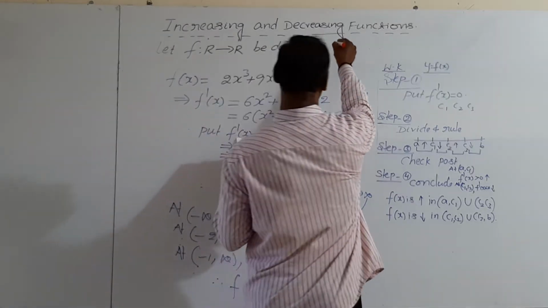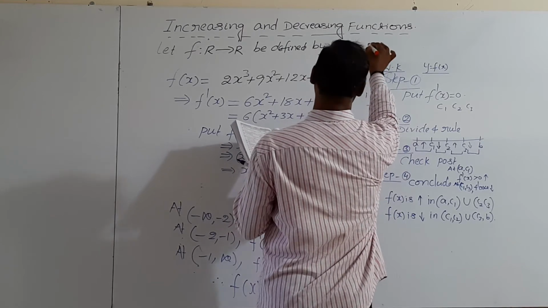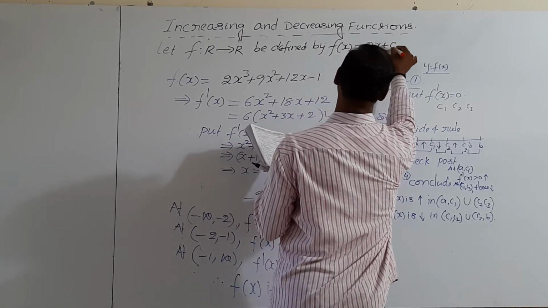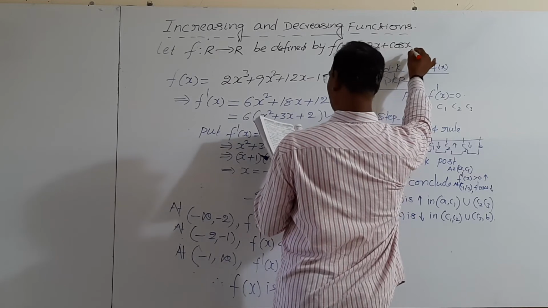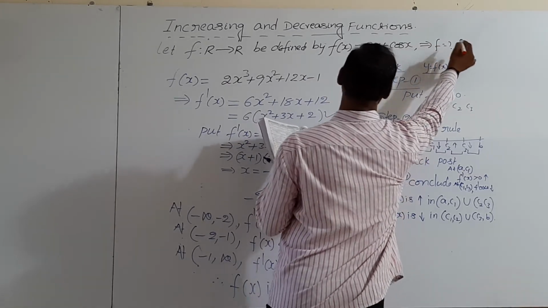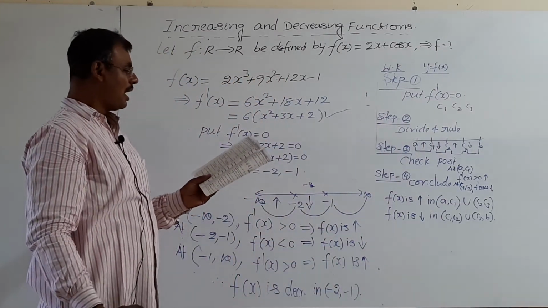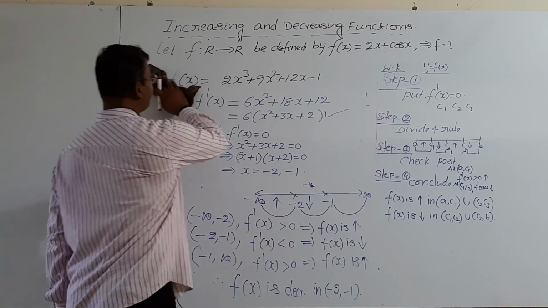Let f map R to R be defined by f of x is equal to 2x plus cos x. Then f is what? Four options are given. Option one: has a minimum at x is equal to pi.